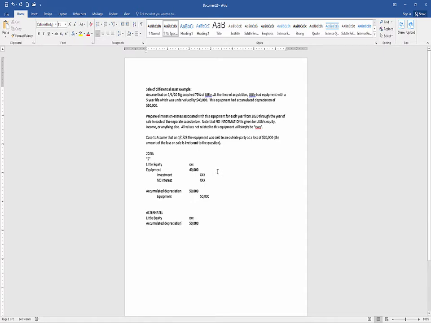Now, I know that equipment has to be written up by $40,000. It's undervalued by $40,000. I've gotten rid of $50,000 of contra asset, which means I need to get rid of $10,000 of the asset itself.